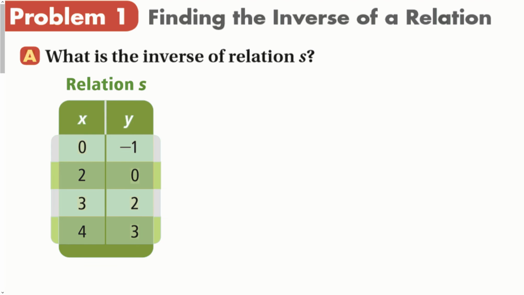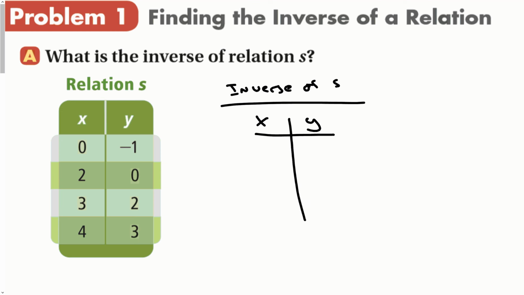Let's try it. What is the inverse of relation S? Here's my relation S. The way I make the inverse of S is I take every x and make them y's, so this would be 0, 2, 3, 4.